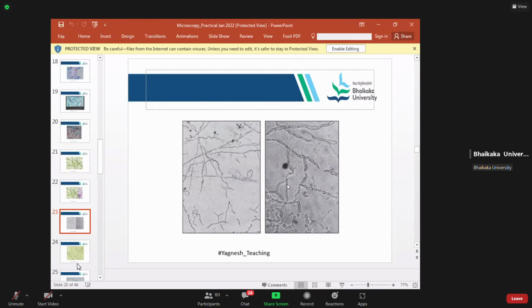In between there is one category, fungal infection on the mucous membrane. Infection on the superficial surface and mucous membrane.